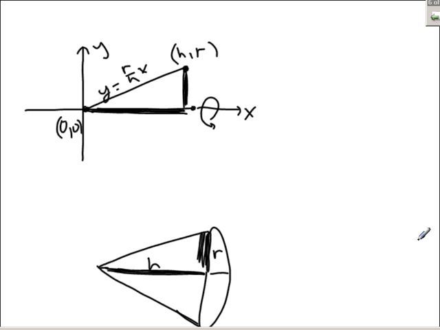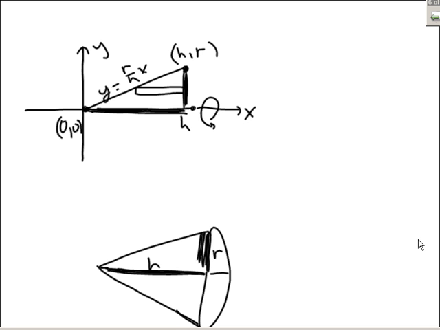Okay, so I'm going to revolve around the x-axis. So what I do is I draw strips parallel to what I'm revolving about. Okay, so here's my strip. And we know that this is h.